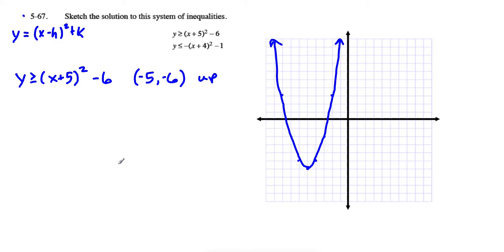So the other one, we're going to have y is less than or equal to the opposite of x plus 4 squared minus 1. Another parabola, this one opens down because this a value would be negative, so we know this is down already. And then we're going to have -4, -1 as our locator point, or our vertex. So back 1, 2, 3, 4, down 1, we've got a point right here.